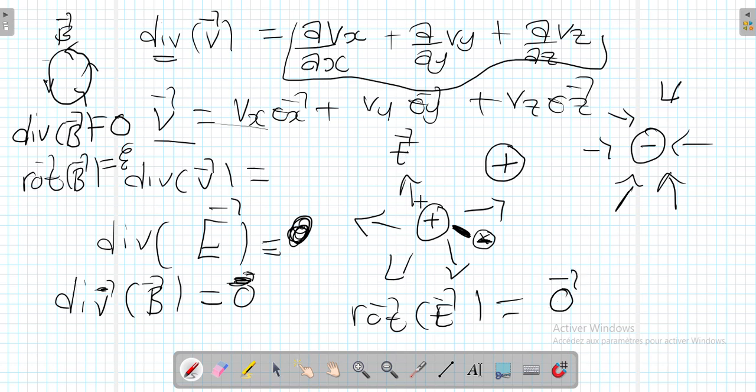Why? E doesn't rotate, it just diverges. This is how I remember these things. They will just give you that the rotation of E is 0, and for the rotation of B they'll give you some value, and the divergence of B is 0. You start mixing them up because you didn't understand in the first place.